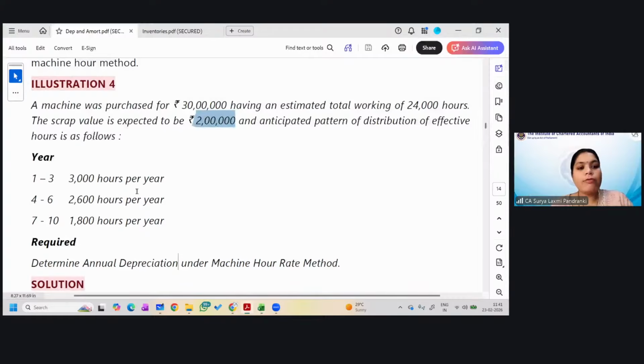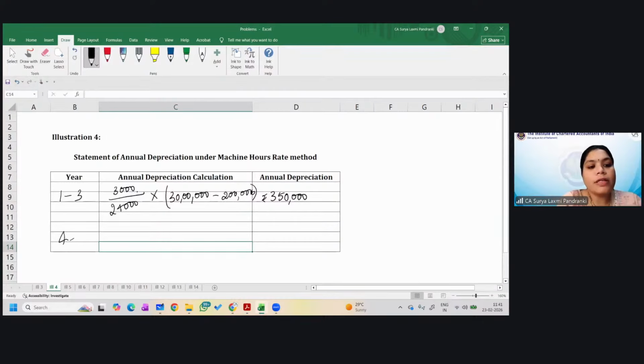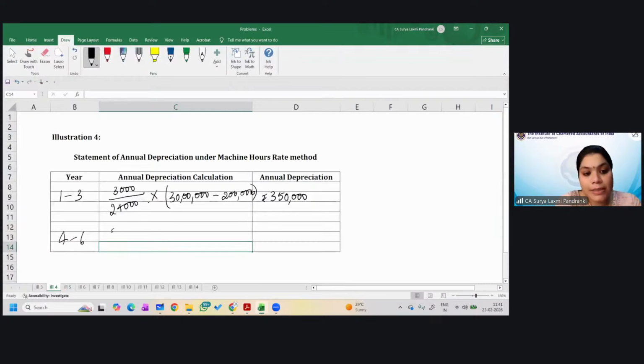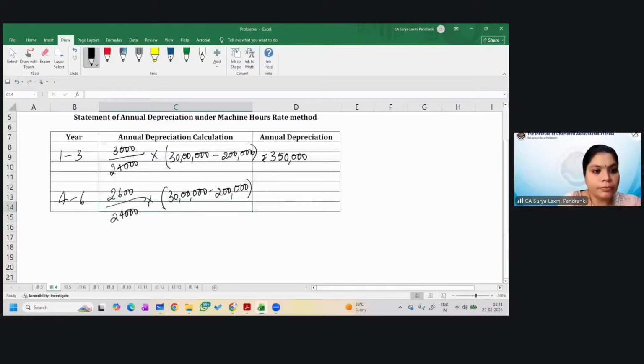Now try the next one. Here 4 to 6, what will be the calculation? I am going to use 2,600 by what is the total? 24,000 into 30 lakh minus 2 lakh. Calculate this also.